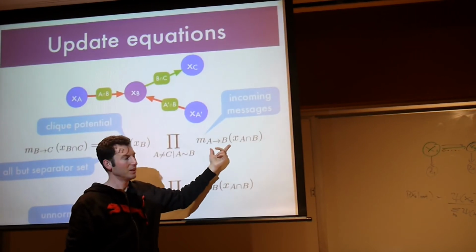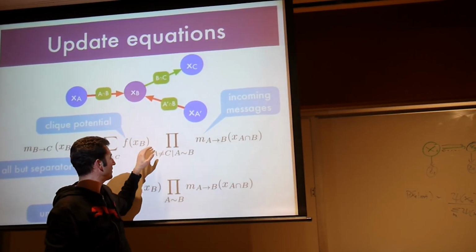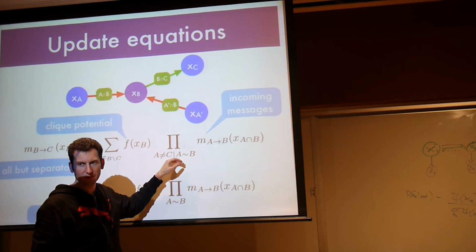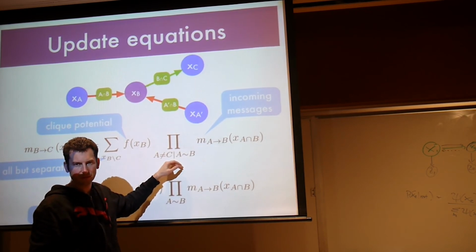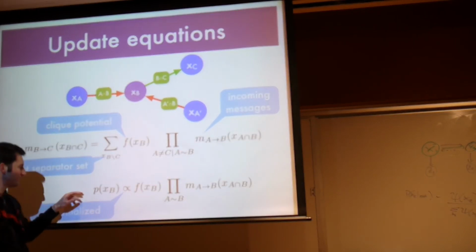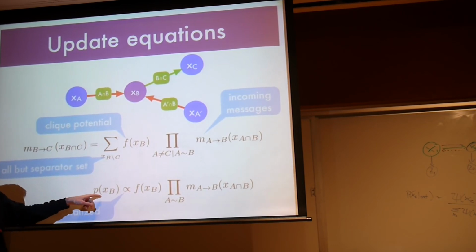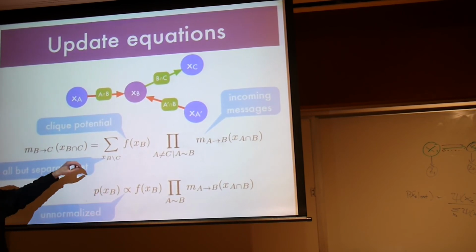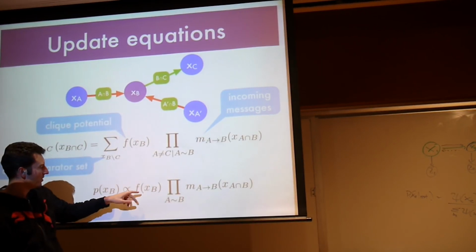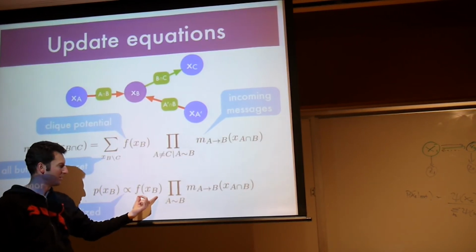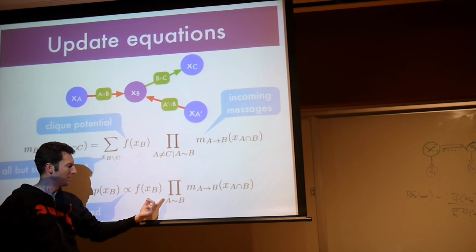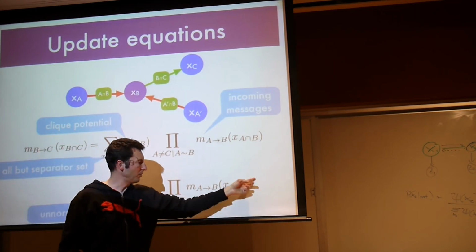This might not depend on all the variables in x_B, but just some subset. And then in the end we get p of x_B, for instance, if I want that. It's going to be whatever potential I had, depending just on x_B, times the product of all the incoming messages.